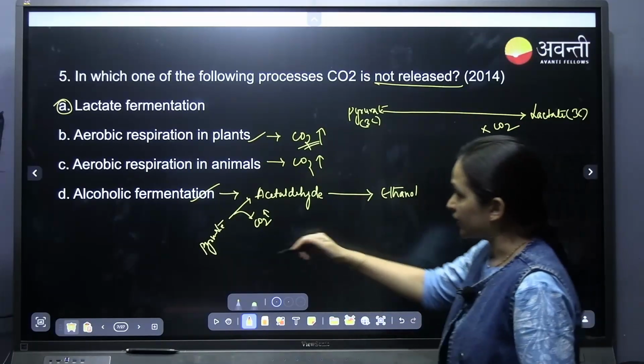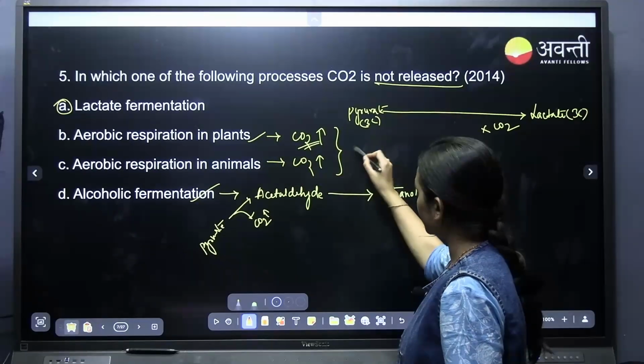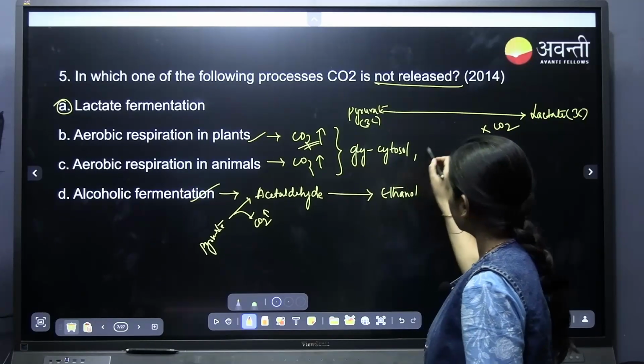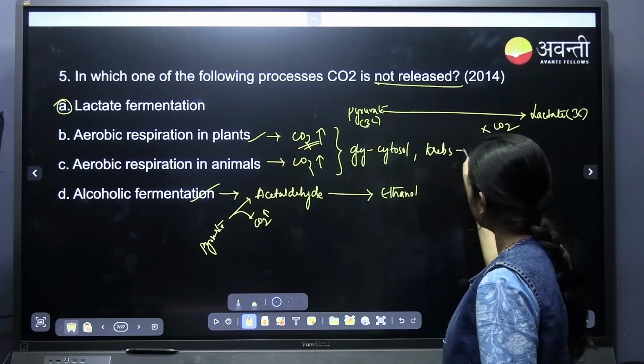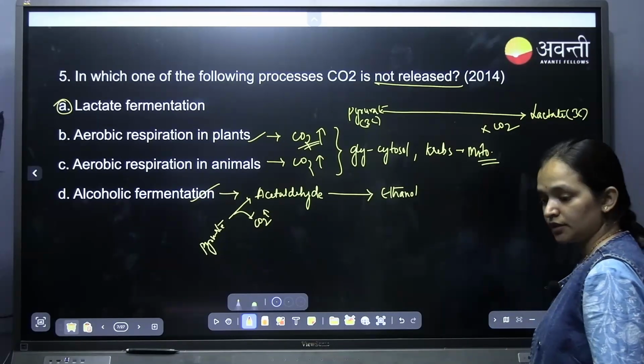So aerobic respiration in plants and aerobic respiration in animals are almost the same: glycolysis takes place in the cytosol and the Krebs cycle takes place in mitochondria. There is no difference.